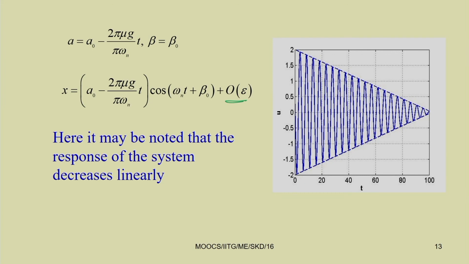Previously we have seen in case of viscous damping the response decreases exponentially, and in case of negative damping, the second case where we took u dot multiplied by mod u dot, there also we have seen it decreases algebraically, and here it is decreasing linearly.